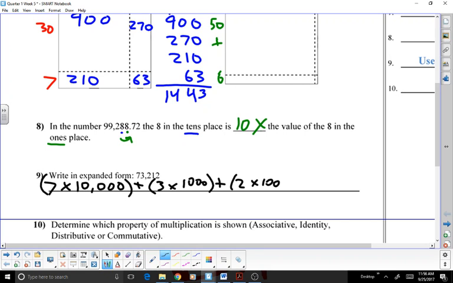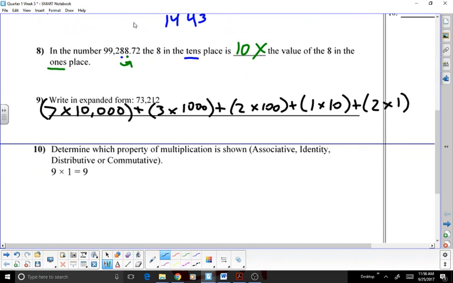We have a 1. Sophia, what place is that 1 in? 10. And the last one, Nick. That's it. That's expanded form.